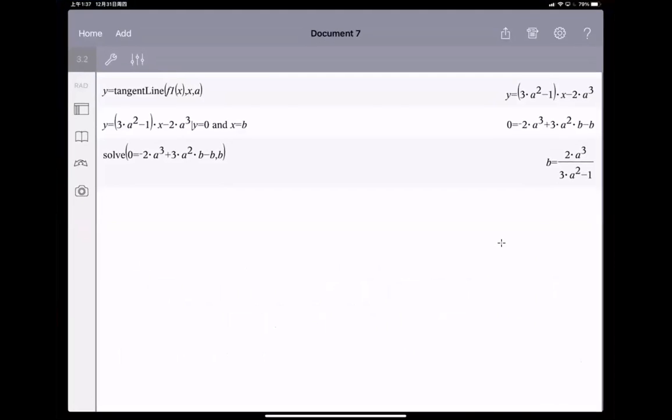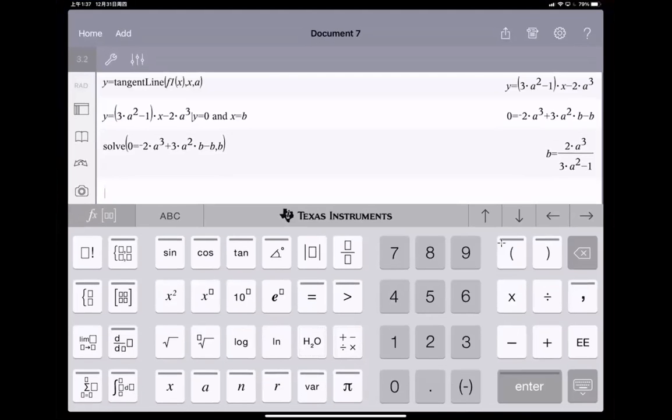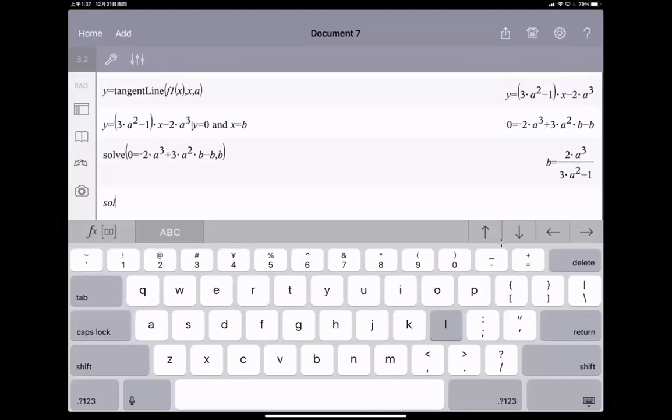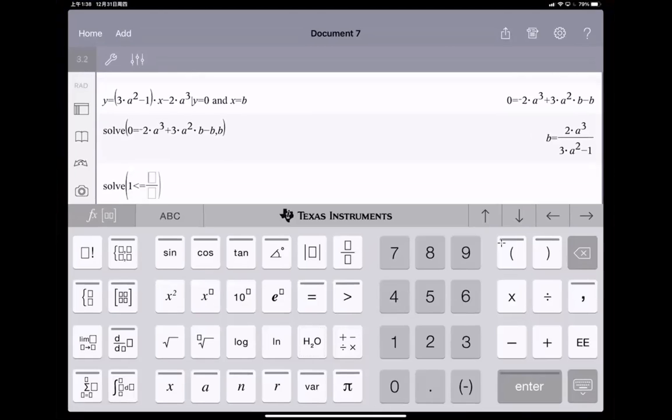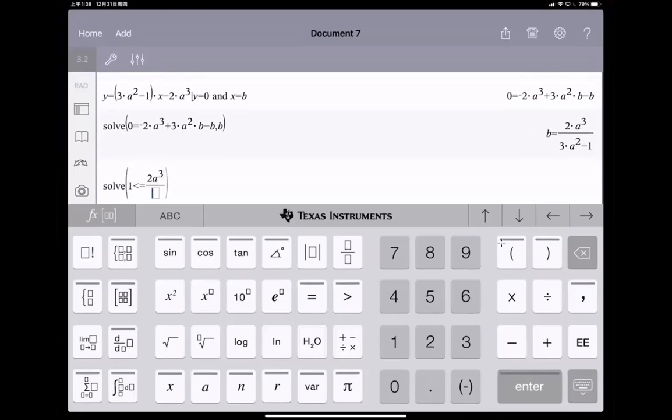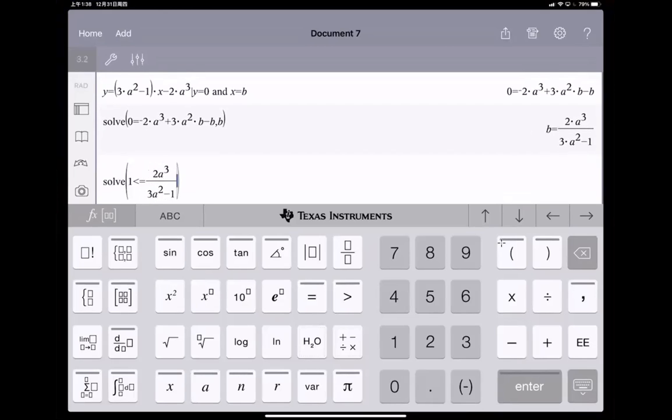Well, thanks to Warmth Math Academy, he mentioned the inability of Casio ClassPad to produce both sets of values. For TI-Nspire users, you can just rely on your solve button. 1 smaller than or equal to 2a cubed over 3a squared minus 1, smaller than 1.1, comma a.